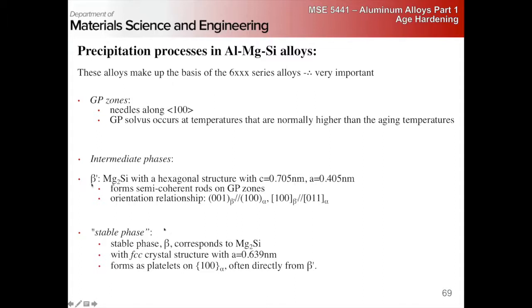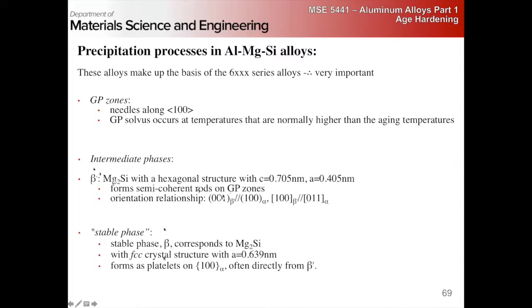So the intermediate phase is again beta prime, Mg2Si, with a hexagonal structure. Semi-coherent rods nucleate heterogeneously on the GP zones and have an orientation relationship.